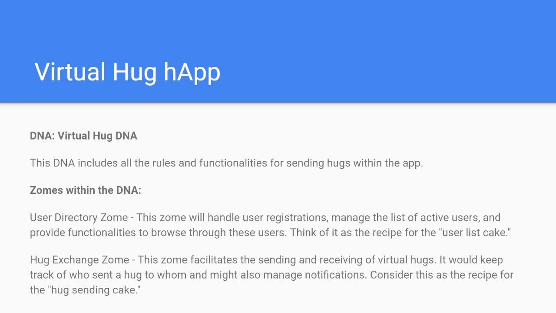If we think about this app, this is how it would be designed using Holochain's infrastructure. The virtual hug DNA would include all the rules and functionalities for sending hugs within the app.